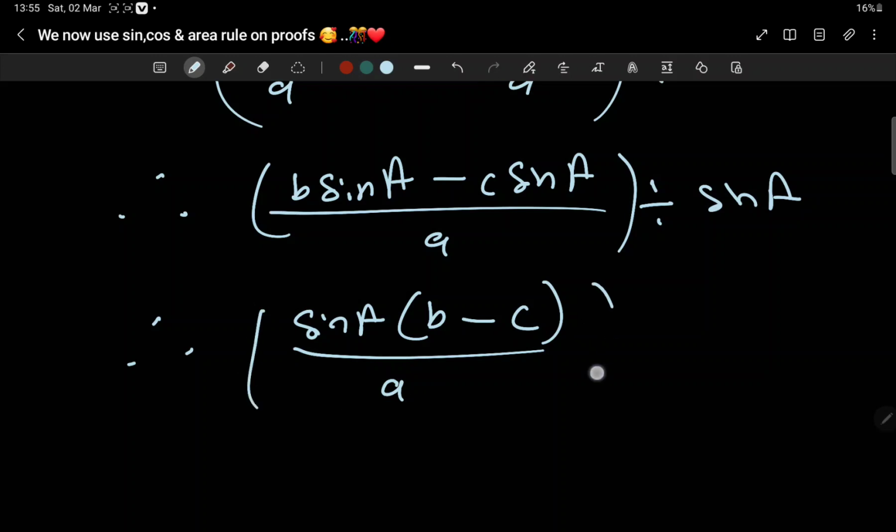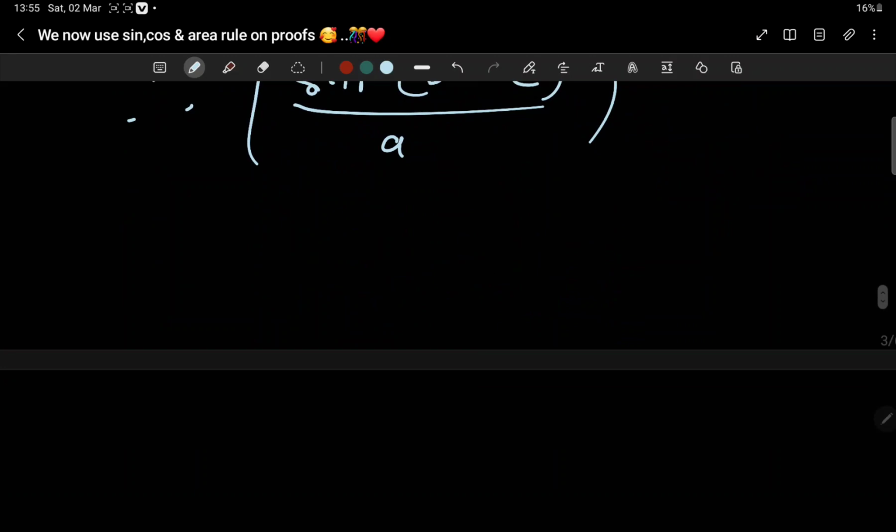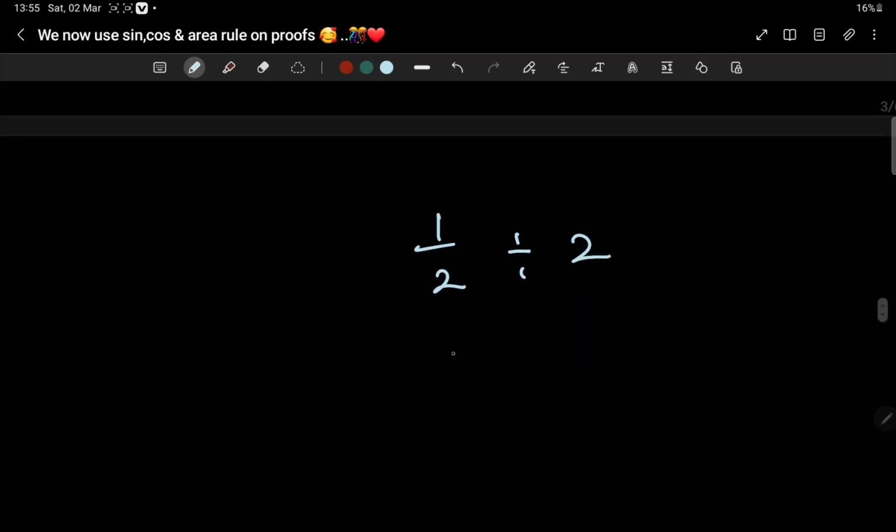Here, you also know that if you have a number, like 1 over 2, and you're dividing it by 2, it's the same as 1 over 2 multiplied by 1 over 2.